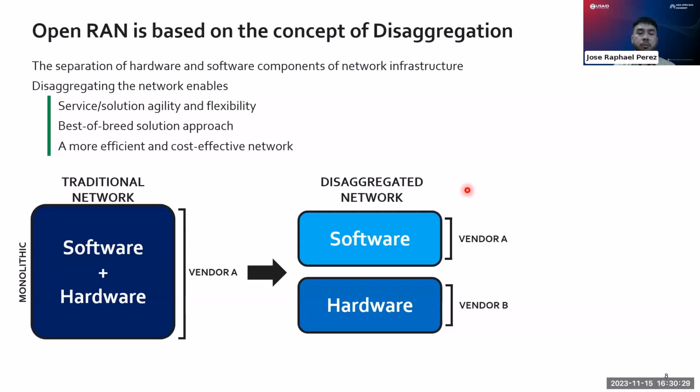And for this approach, we can have a more efficient and a more cost-effective network. So from a monolithic approach, a black box approach, we separate the software and the hardware, having different vendors in between.